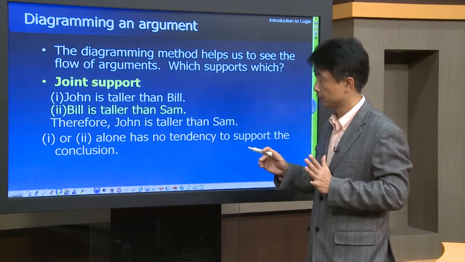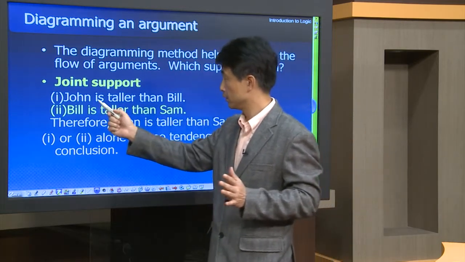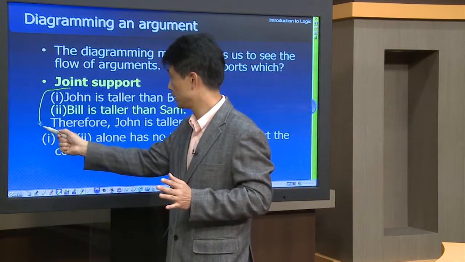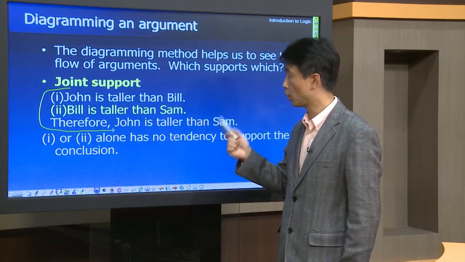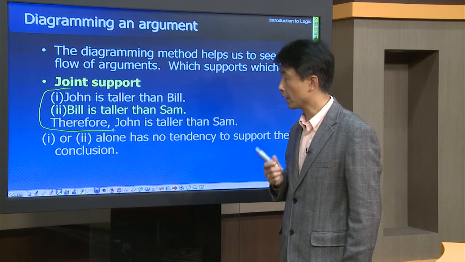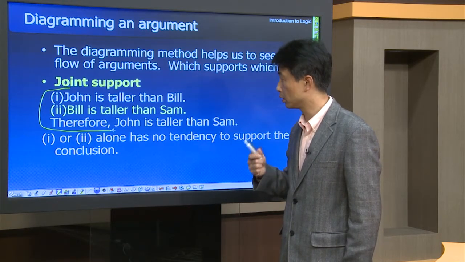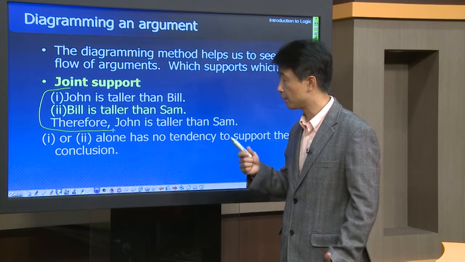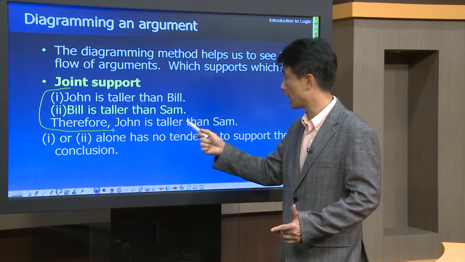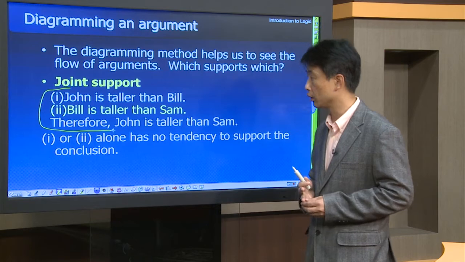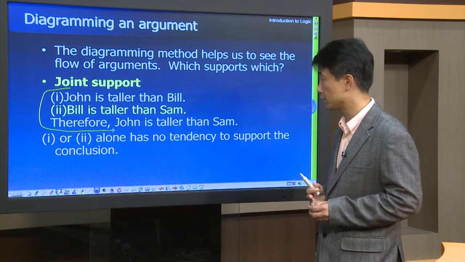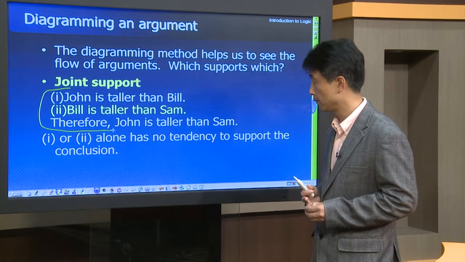For example, here is an argument. The first premise is John is taller than Bill. The second premise, Bill is taller than Sam. Therefore, the conclusion is John is taller than Sam. It's a short, simple argument, but it's enough to illustrate the idea of joint support.